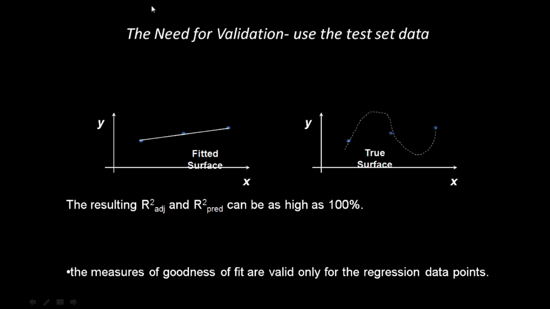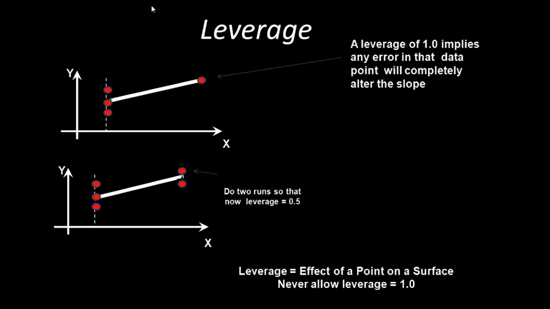Okay, there is something called leverage. Imagine that this is your descriptor x and this is your activity y. You are trying to get a few data points and you are plotting between the x and the y, and for most of the compounds the x, that means the descriptor value, is almost the same except for one compound which is far away, okay.